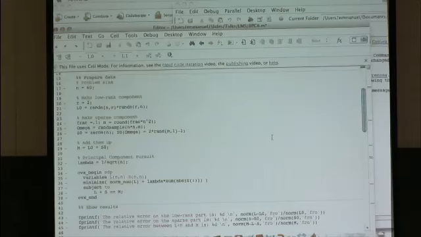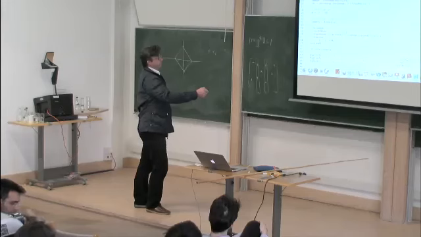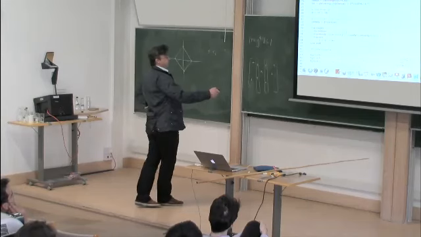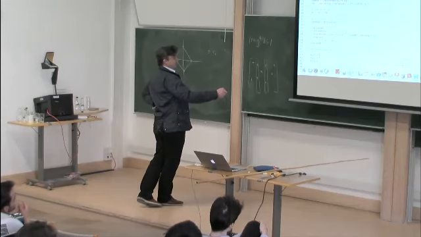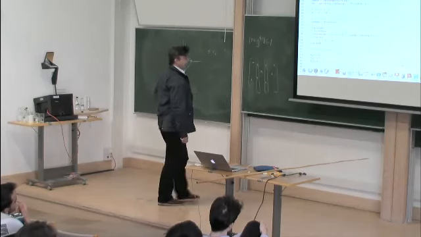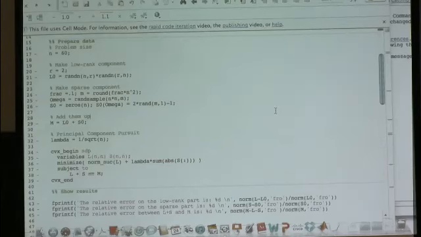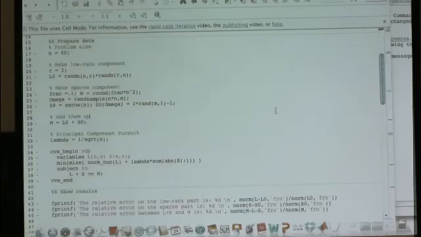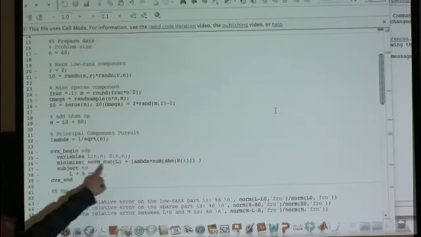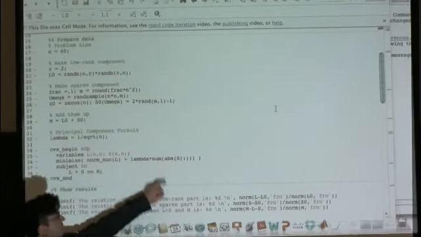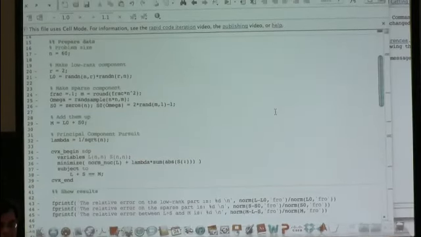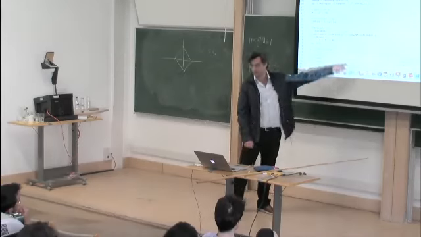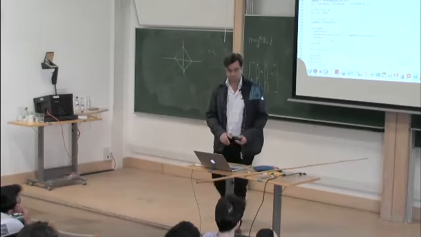Then I'm going to take 1% of the entries and mess them up. I'm going to set lambda equal to 1 over the square root of n. Now I'm going to invoke this magical CVX to solve the problem we've just seen: minimize the nuclear norm of L plus lambda times the sum of the absolute values of S, subject to L plus S equals M.